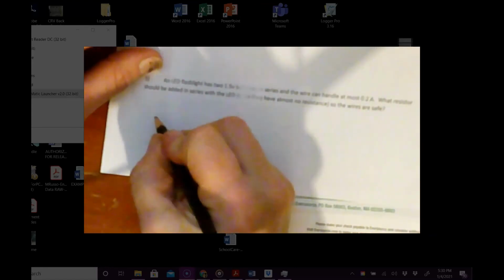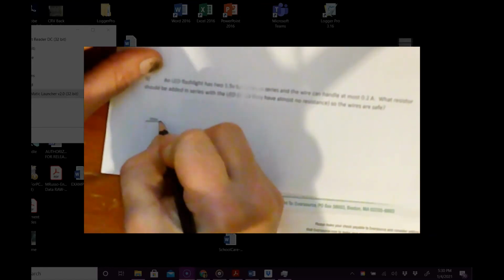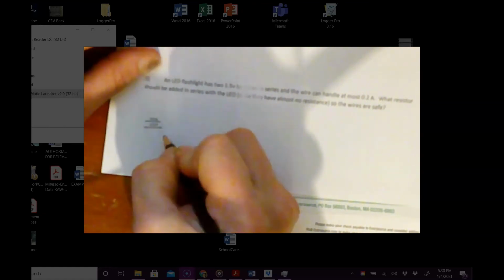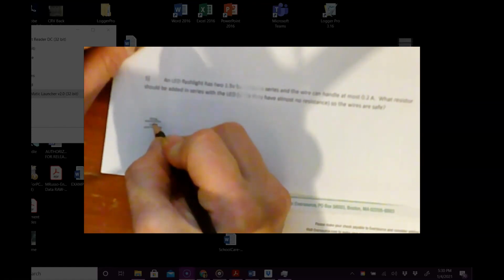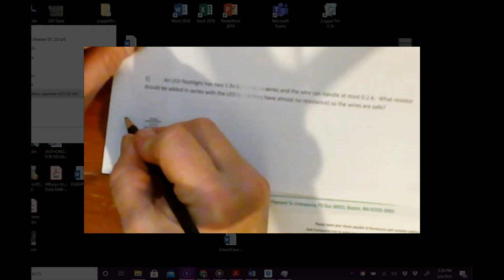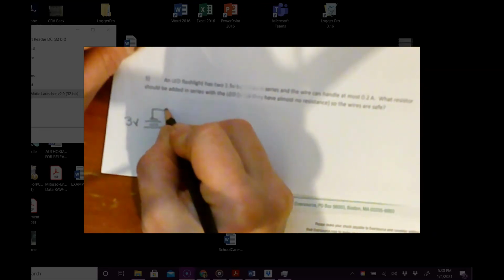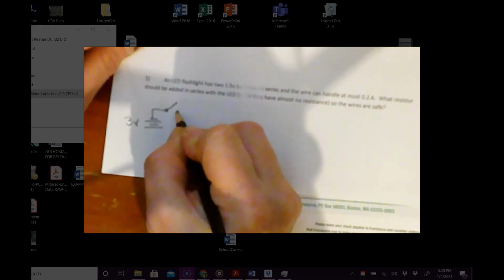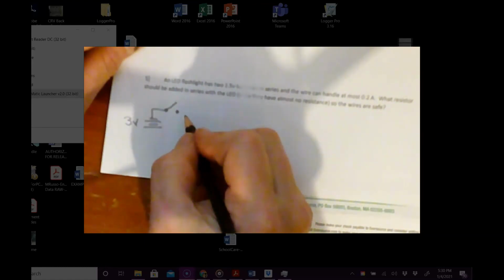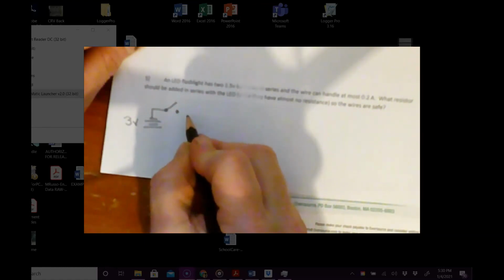All right, so here we go. Let's draw ourselves the circuit for a flashlight. We're going to start with 2 1.5 volt batteries in series. So it's 1.5 plus 1.5, or 3 volts. I've probably got a switch on my battery. I don't think I have a fuse, but I could have one, right?